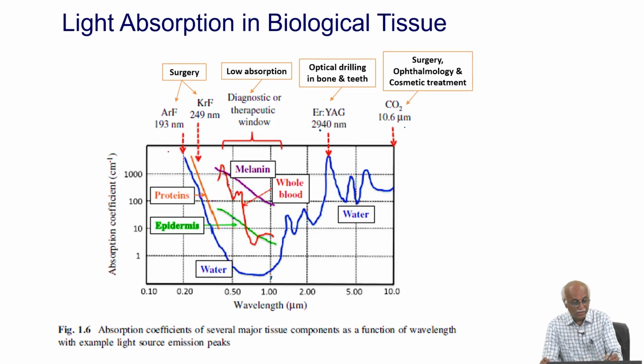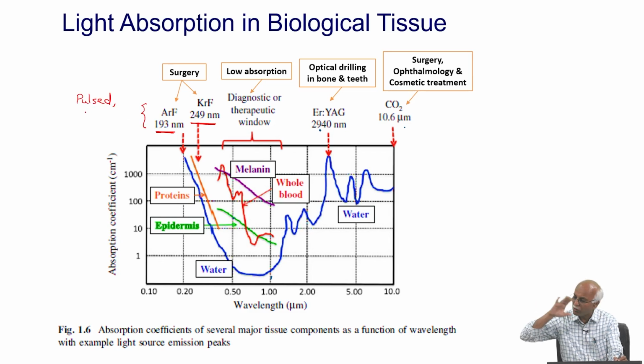One is around the UV region, 193 nanometer or 249 nanometer, argon fluoride and krypton fluoride lasers. They are all pulsed lasers. I have already told you the upper state lifetime is only a few nanoseconds, so automatically it is a pulsed laser. You excite with electrical discharge and observe the lasing operation.